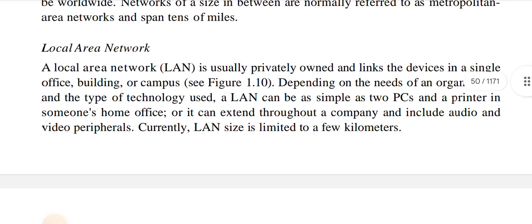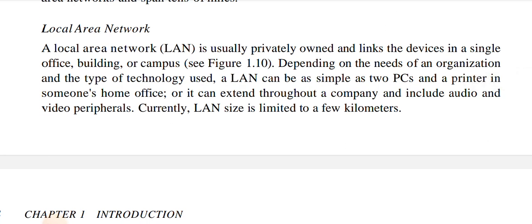Local area network (LAN). A local area network is usually privately owned and links the devices in a single office, building, or campus. See figure 1.10. Depending on the needs of the organization and the type of technology used, a LAN can be as simple as two PCs and a printer in someone's home office, or it can extend throughout a company and include audio and video peripherals.